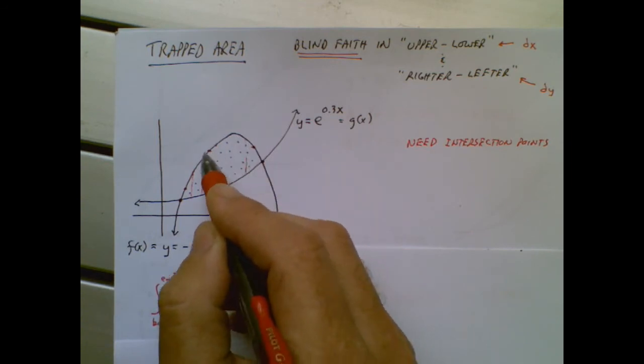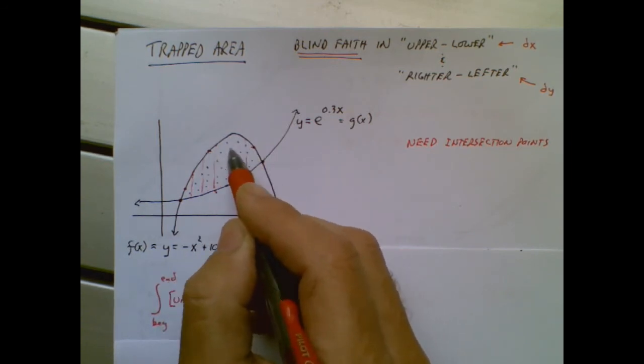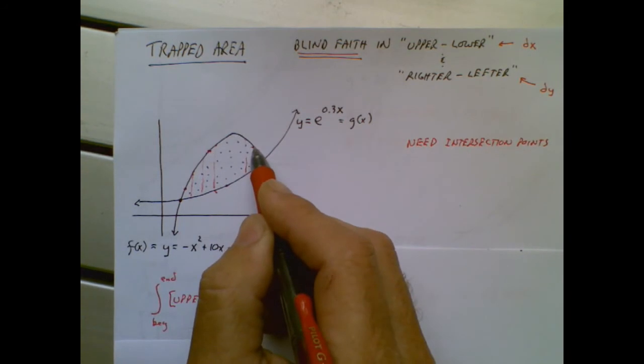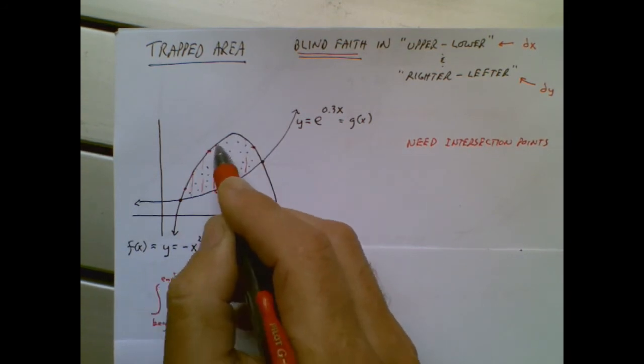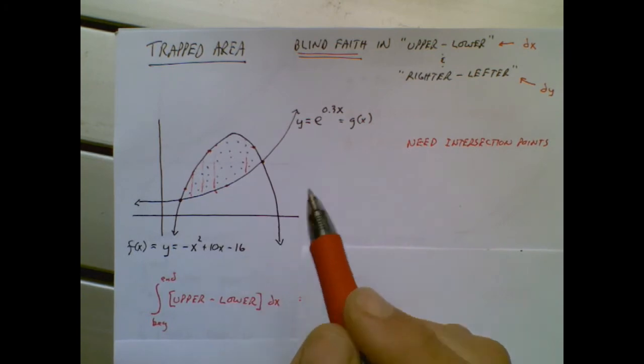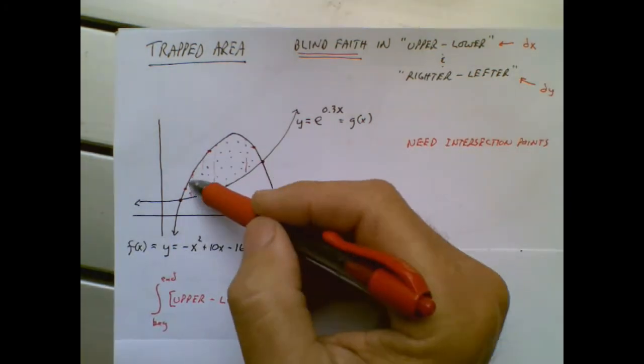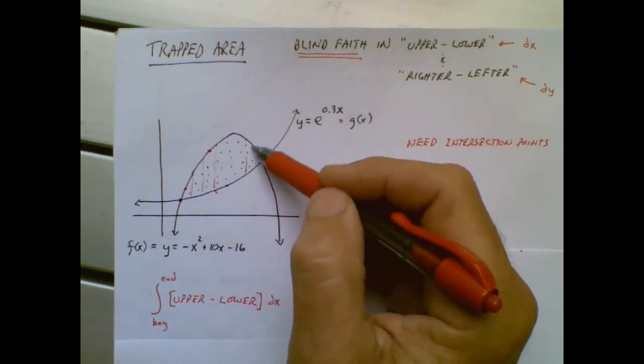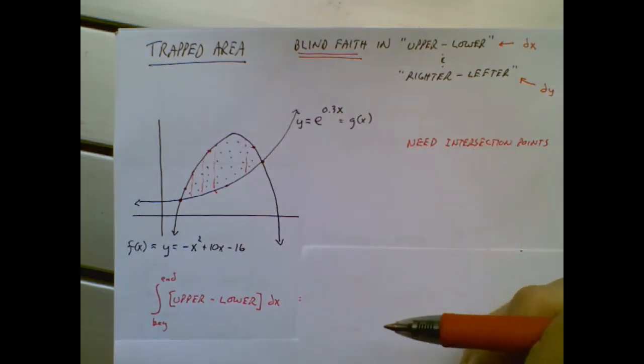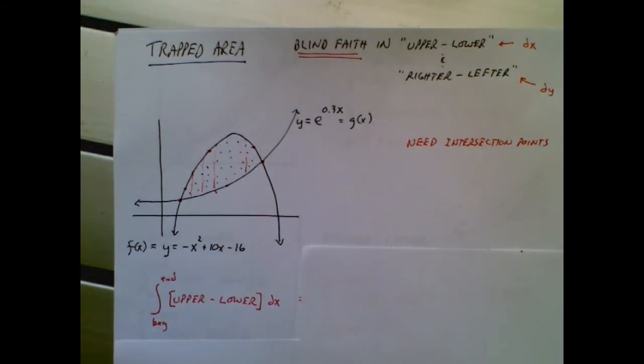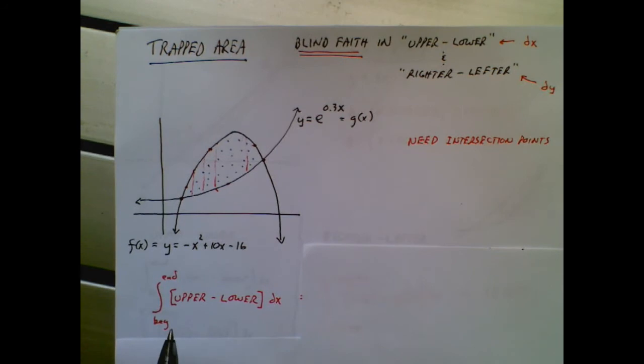So righter minus lefter would not work in this case because my slice originated and ended on the same graph. So upper minus lower, that's the way to go here. I just have to have blind faith in that. What I mean by that is this: as long as I know where the first slice is and where the last slice is, as long as I go upper minus lower, I'm going to get the amount of trapped area in there.